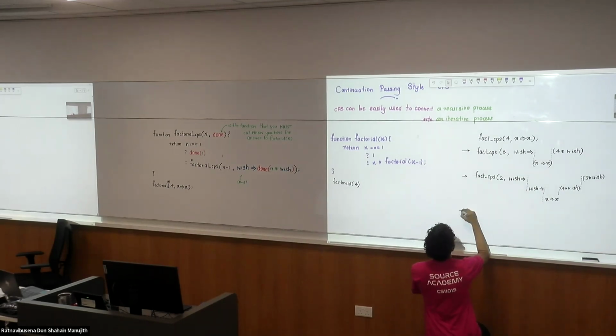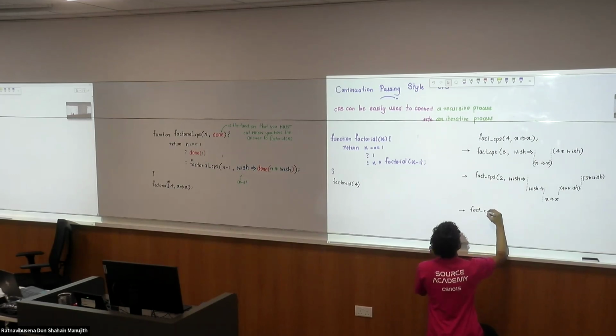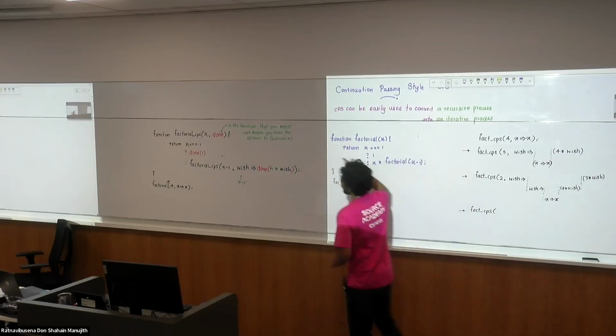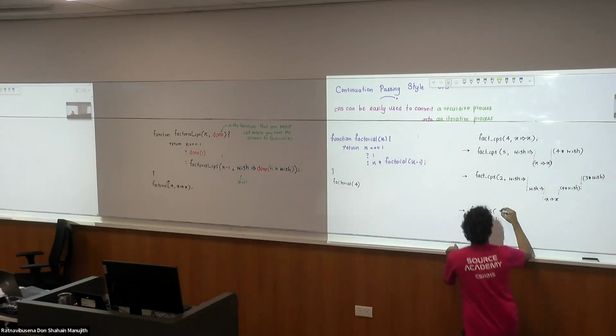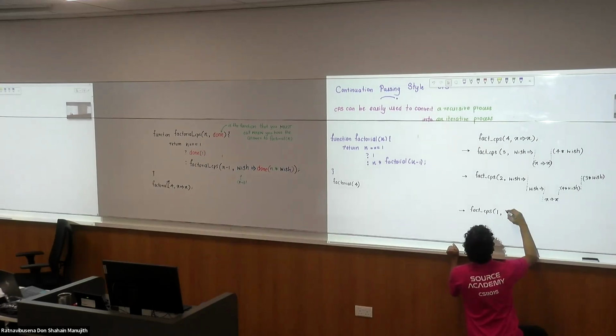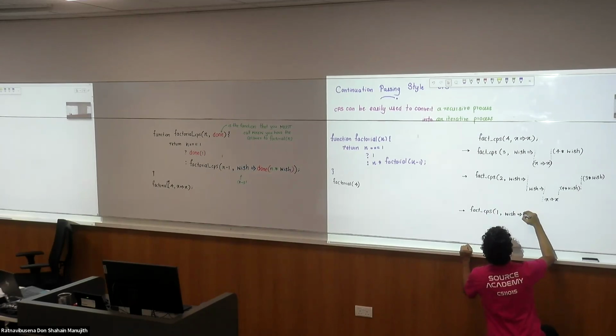So we have fact CPS, 2 comes here, so 2 minus 1 is 1. And then we have wish. This must come down, since this is a done function.